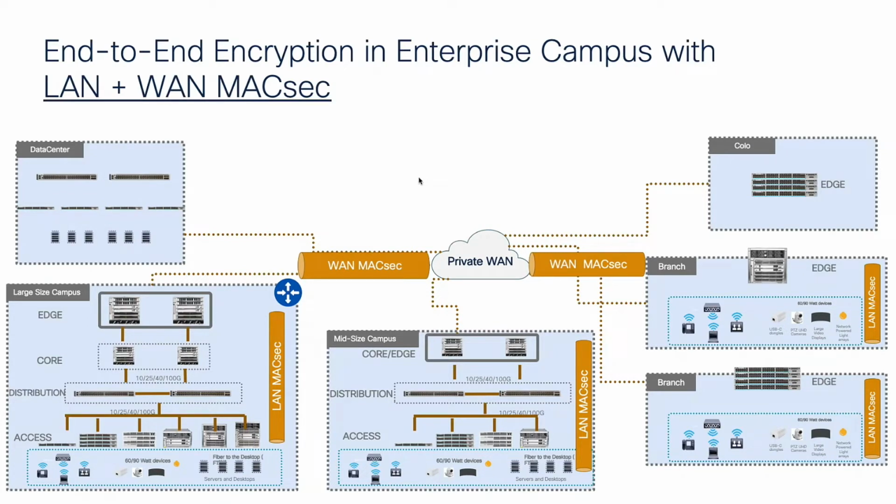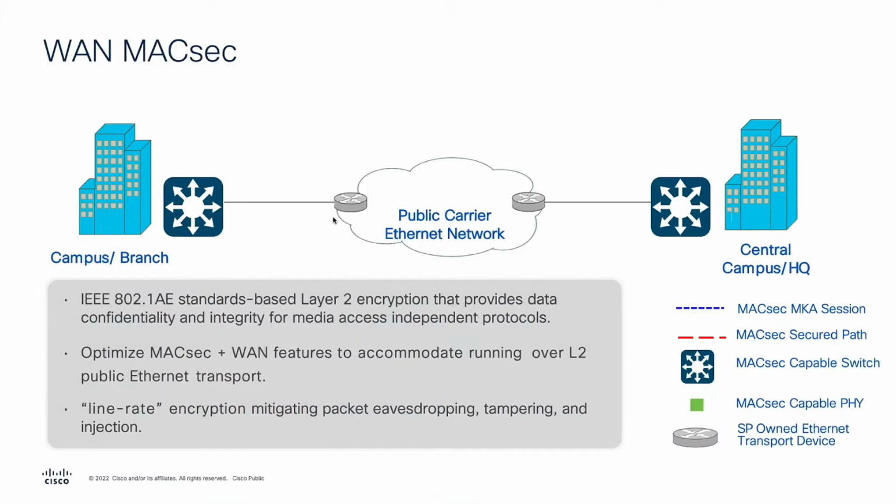But there is a small problem here: you need a dedicated layer 2 circuit, a layer 2 Ethernet provider, to be able to do all this encryption across the WAN. If you need to extend this over the internet, obviously that is where IPsec comes in.